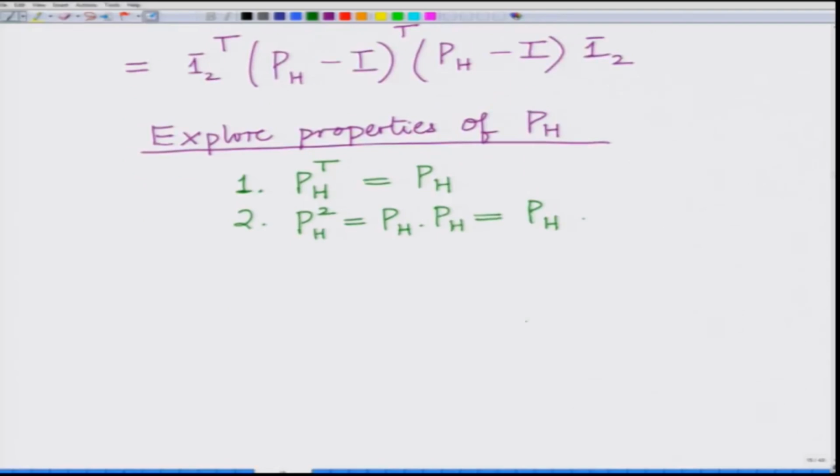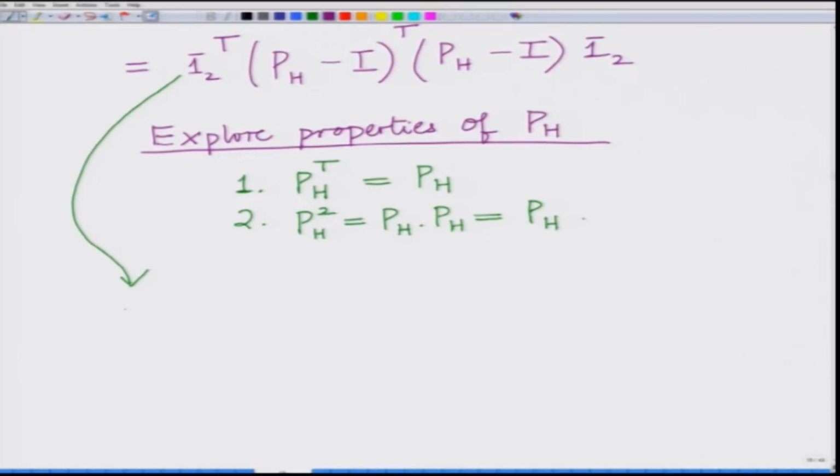So, these are the two properties that this matrix PH satisfies, and we now employ these two properties to simplify the expression for the approximation error, that is 1 bar 2 transpose into PH minus I transpose into PH minus I times 1 bar 2. So, we want to simplify this employing these properties, and that is what we are going to do now.